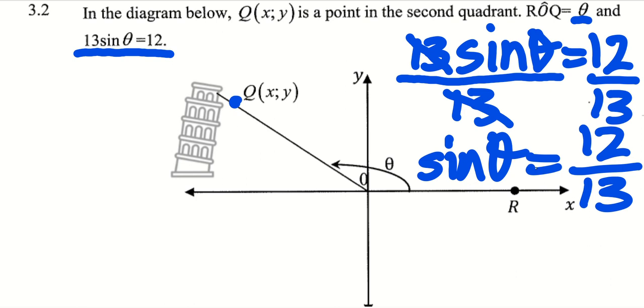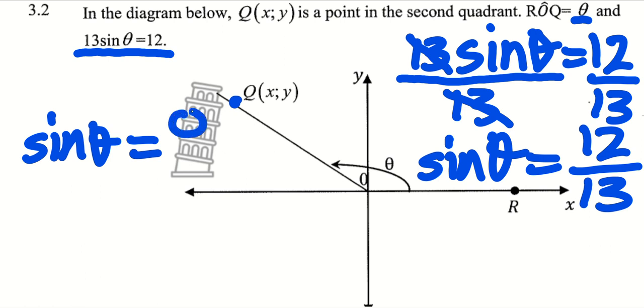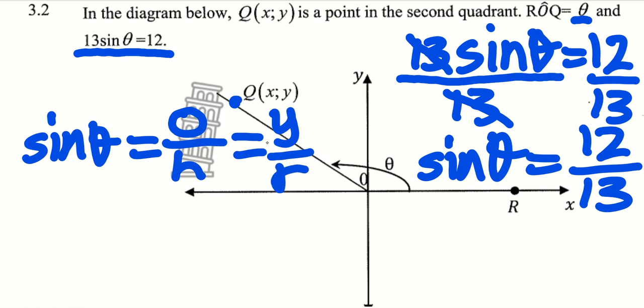When you have sine theta equals 12 over 13, here's another hint you should know: sine theta is equal to opposite over hypotenuse in a right-angled triangle. But on a Cartesian plane, the opposite side is always y, and the hypotenuse is always r. R is the radius.